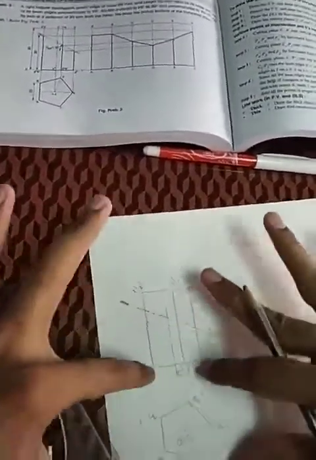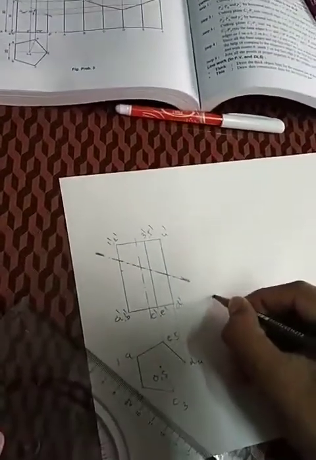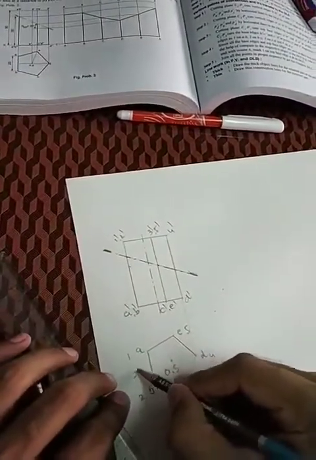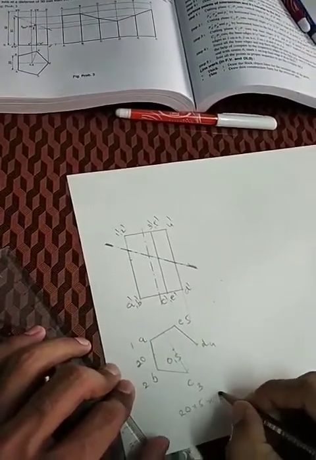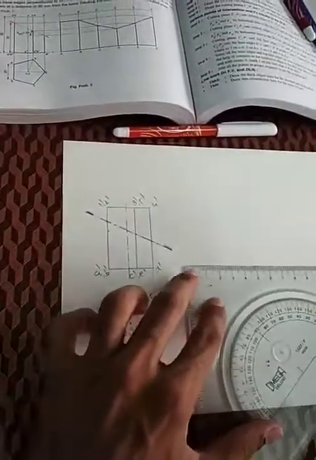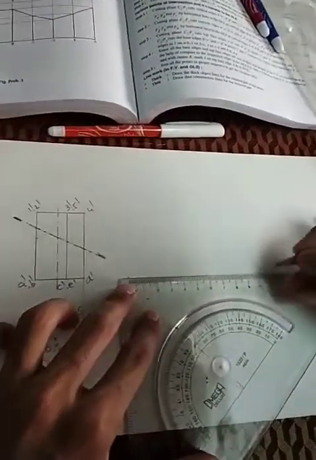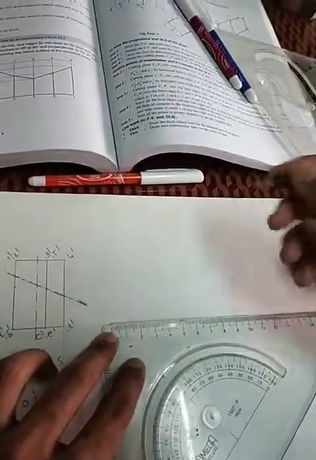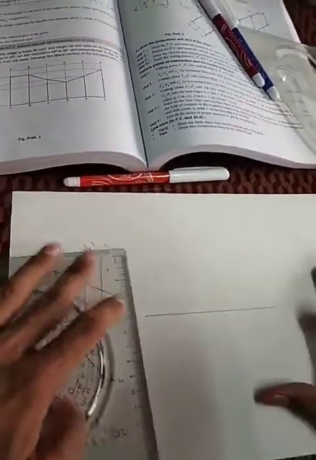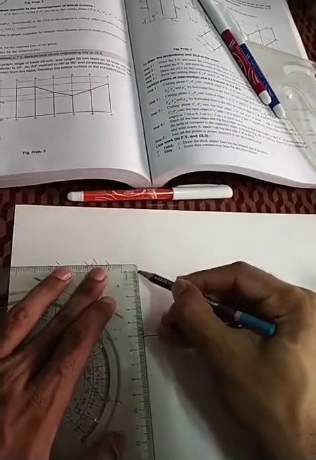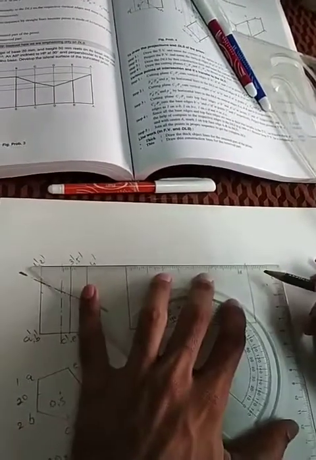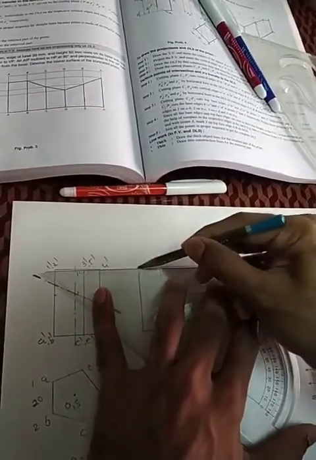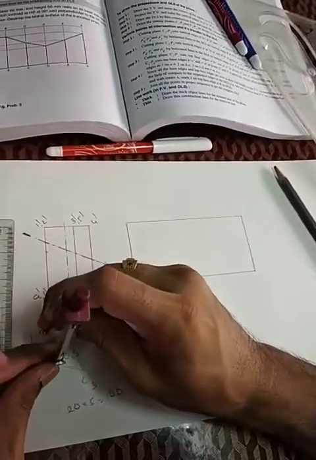Now if I open this pentagon, let's take 1 point. This is a 20 mm side, so its perimeter will be 20 multiplied by 5, that is equal to 100 mm. So you have to take 100 mm on this XY line. So this will be a 100 mm line, right? And height will be the same as 50 mm. After that, I'm opening A to B first. It's 20 mm.